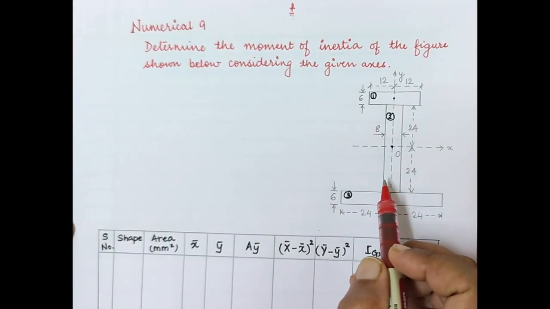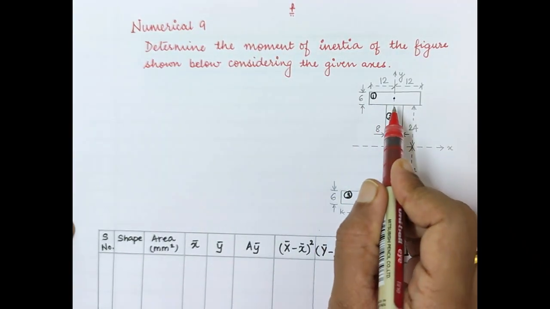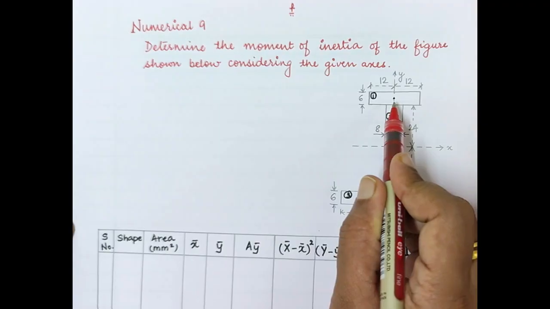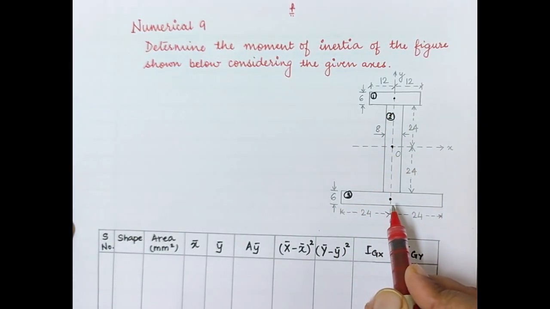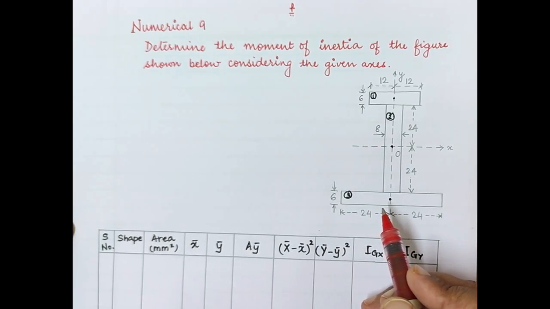Now if we notice, the centroids of the first figure, second figure and third figure all lie on the y-axis. That simply means that there is no distance between the y-axis and the coordinates. That implies that the individual x of each diagram is going to be 0.